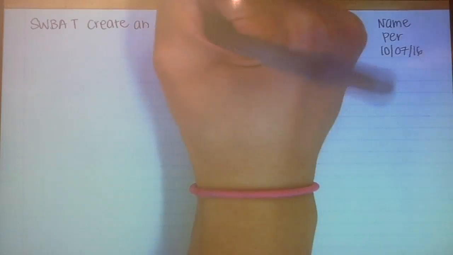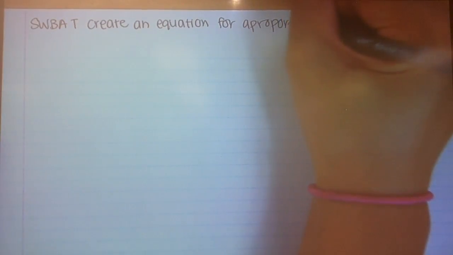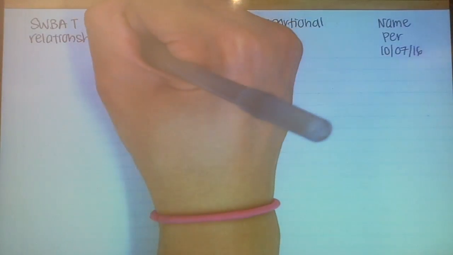All right, our objective is students will be able to create an equation for a proportional relationship from a graph.